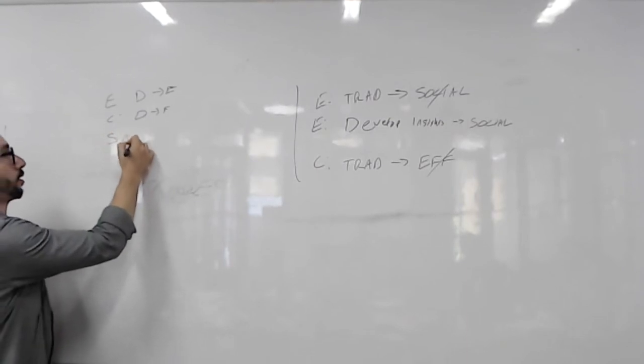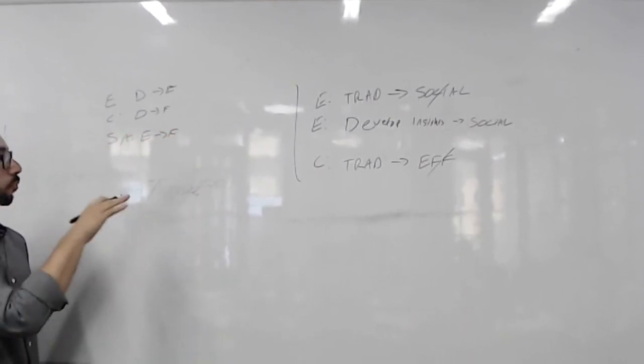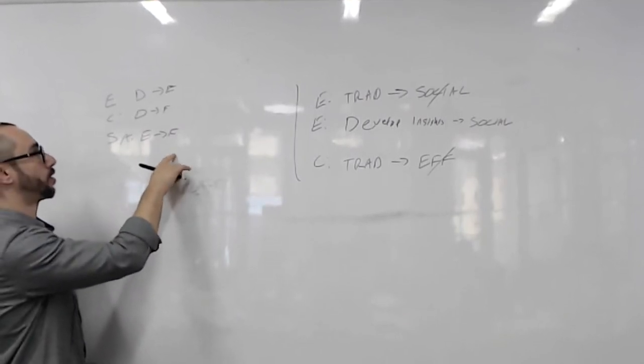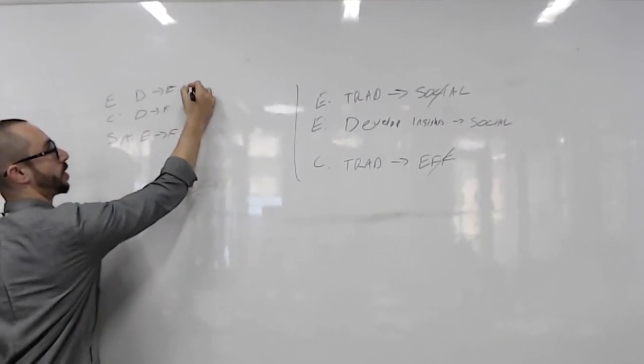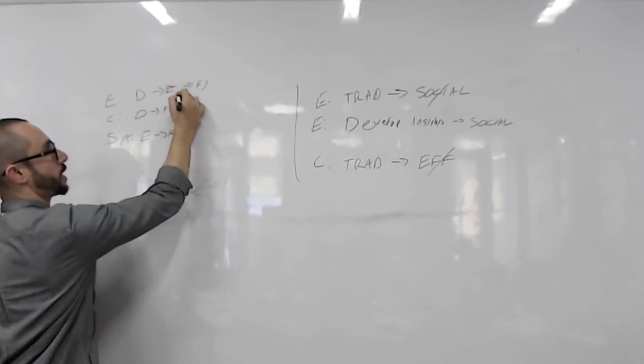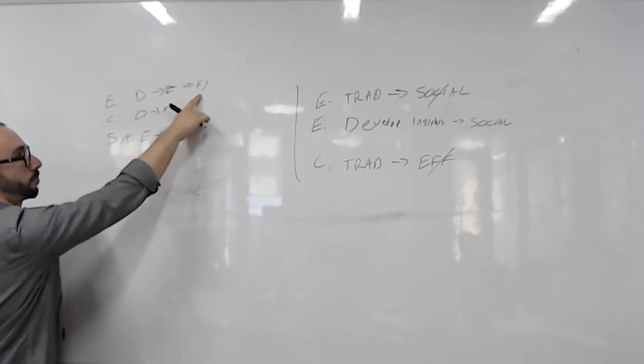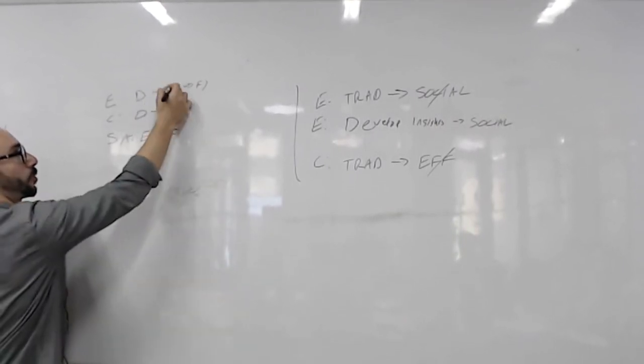Exactly, perfect. So E requires F. And the reason that works is because if we add it on to this as new information, E to F, as given, then we form a longer chain, D to E to F. And the argument's 100% guaranteed.